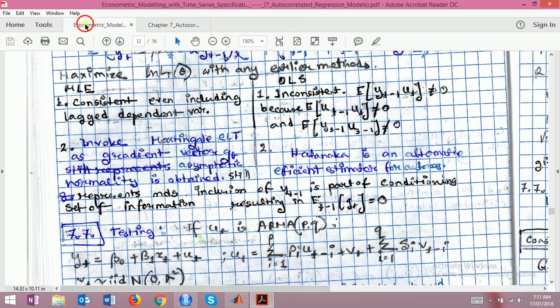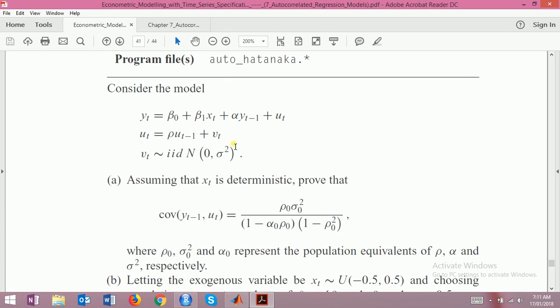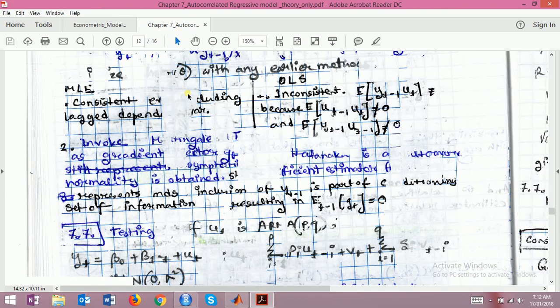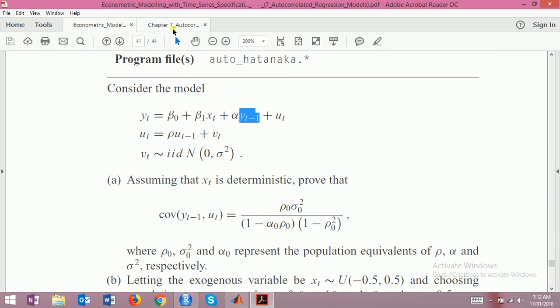And there is the Hatanaka estimator. Consider a model where yt equals beta naught plus beta 1 xt plus alpha 1 yt minus 1. You see the lag is here. When you have a lag, OLS becomes inconsistent. Now with Hatanaka, it might remain consistent. That's all.